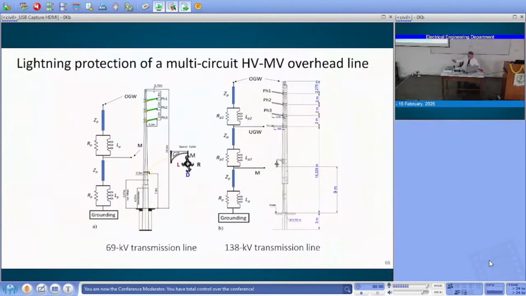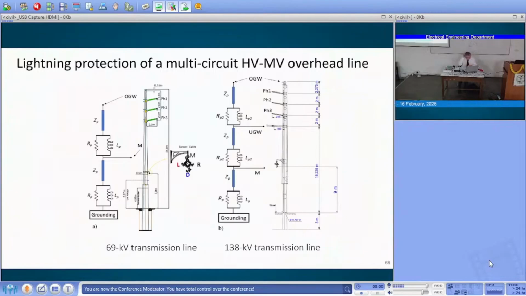For example, here was the case of a 69 kilovolt or 138 kilovolt transmission line with a medium voltage 15 kilovolt line installed on the same pole, typically with this compact configuration. And there are also cases in which there is also a low voltage line.